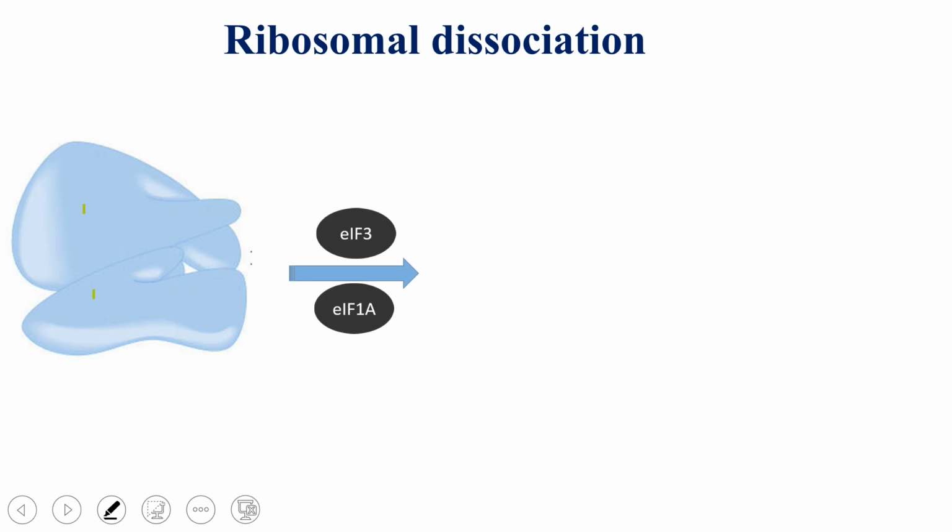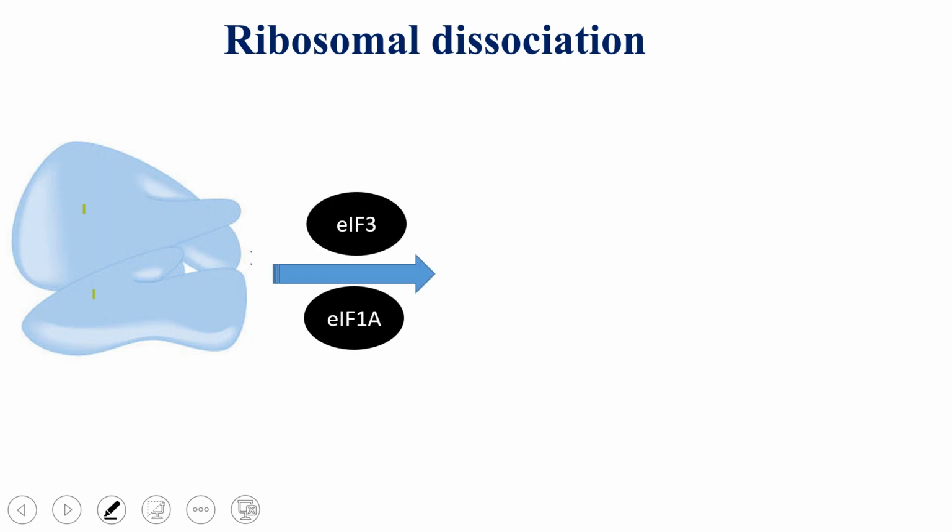Now we are going to see the different steps of the initiation reaction. First, ribosomal dissociation. This is a ribosome which has a 60S and a 40S. The ribosome will be dissociated into two different components with the help of two factors, initiation factor 3 and IF1A.